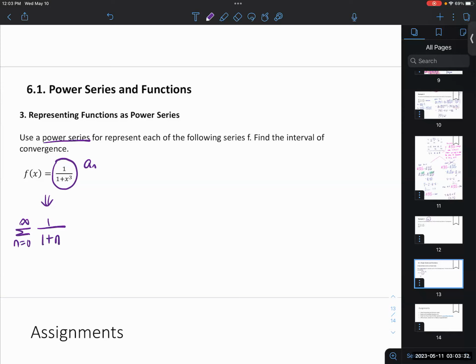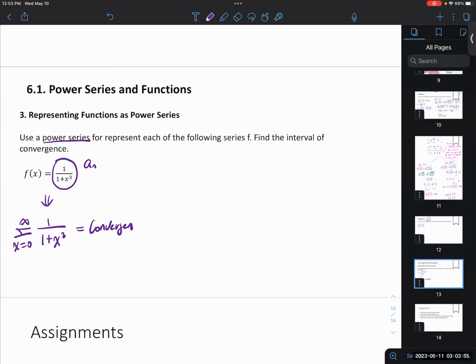This time, n to the third, because we have n. They want to know when this is convergent, for which x the power series converges. If you feel confused, I can change this one to x, sum from n equals 0 to infinity. So that's the definition.